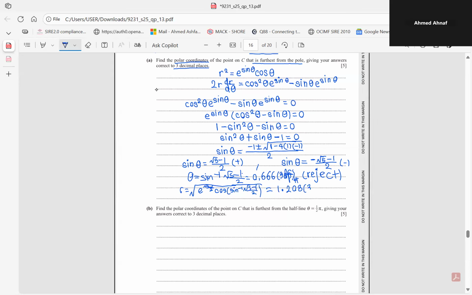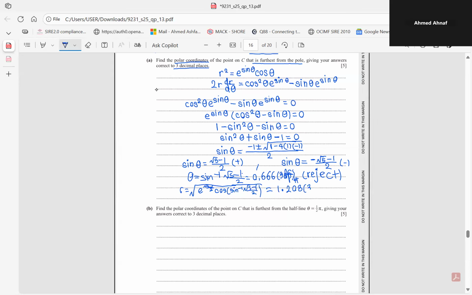So we want to find the point that is furthest away from our so-called y-axis, like the greatest x value. Hence we're going to have to find dx d theta and equate it to 0.